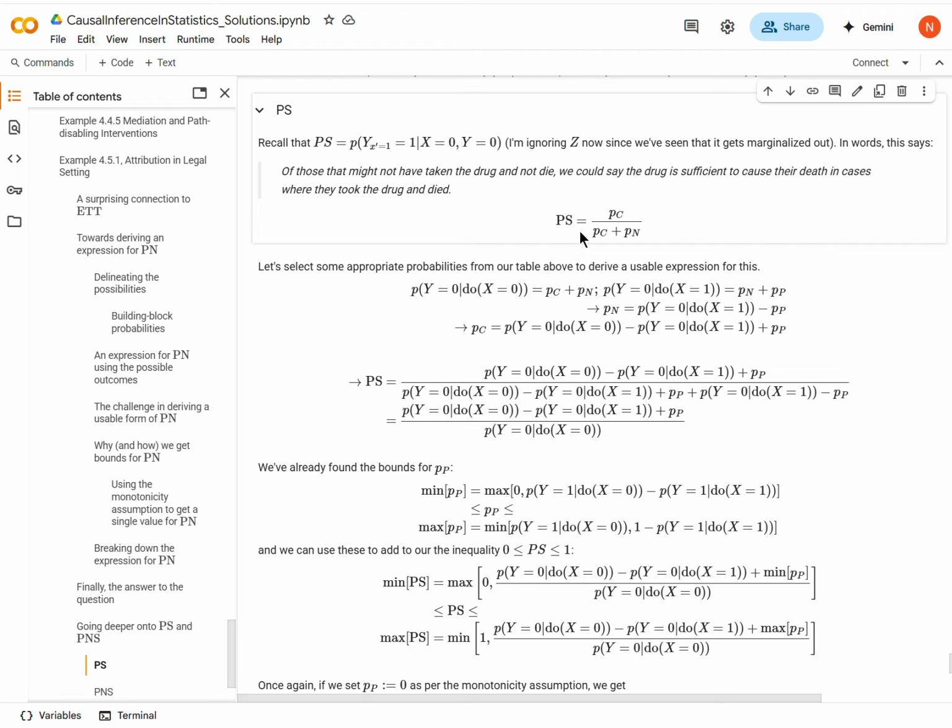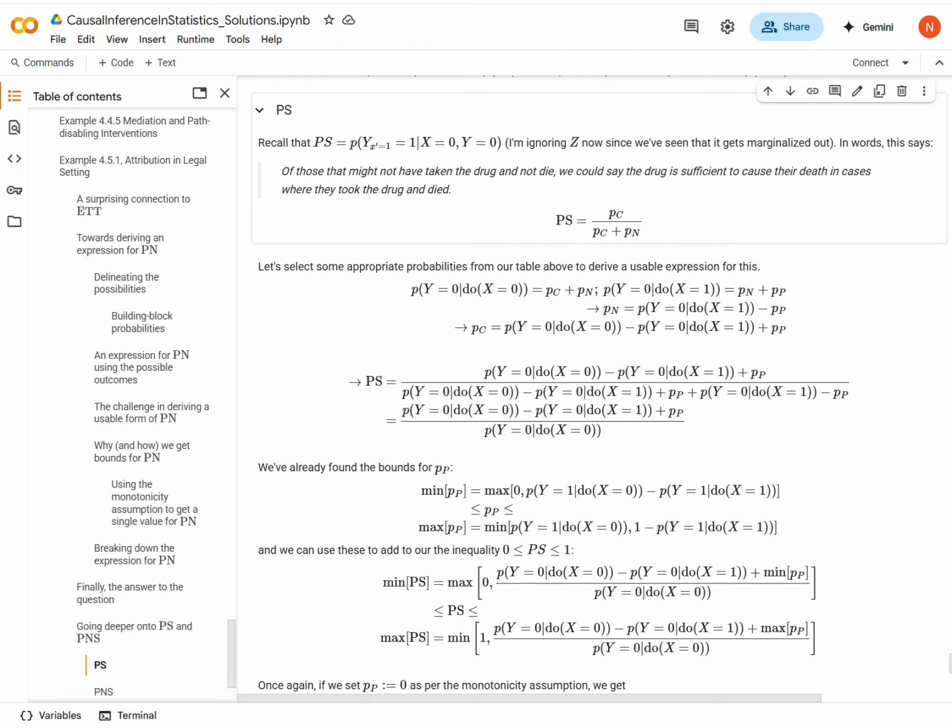Okay, well, the people that didn't die would be, it gets confusing trying to say these things. Who would not die not having taken the drug, but would have died if they took the drug? Well, the people who would die if they took the drug, of course, are the PC people, okay, but they did not take the drug, and who else did not die for not taking the drug?